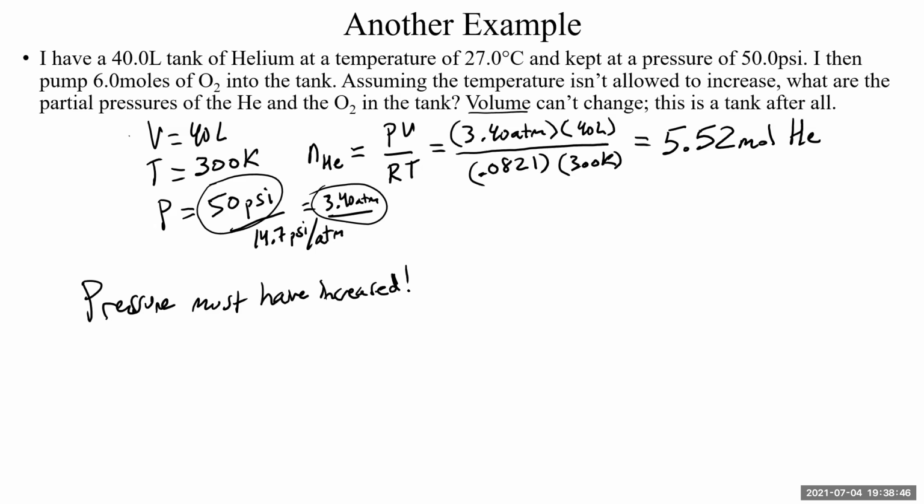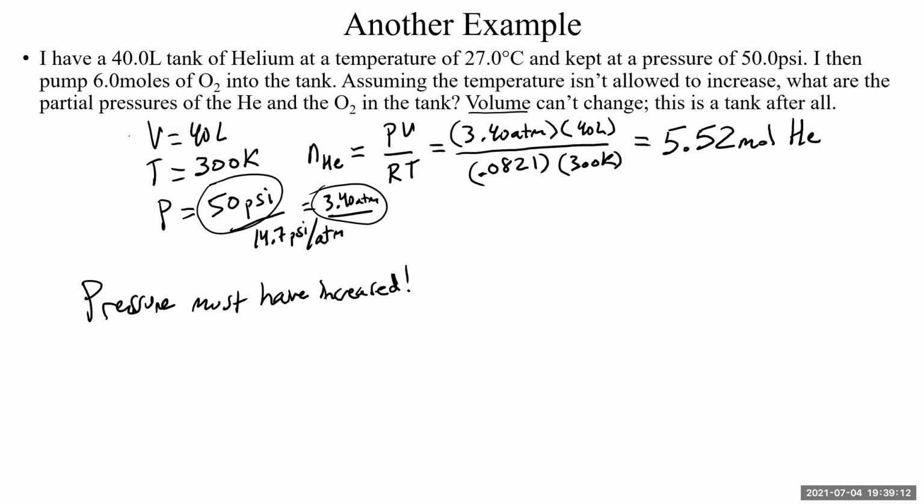In effect, we kind of have Avogadro's law here, don't we? But we have a version of Avogadro's law where we're relating pressure and moles instead of volume and moles. We add more moles, but we don't allow the volume to change. So technically, holding volume constant, pressure should increase as you add more moles.